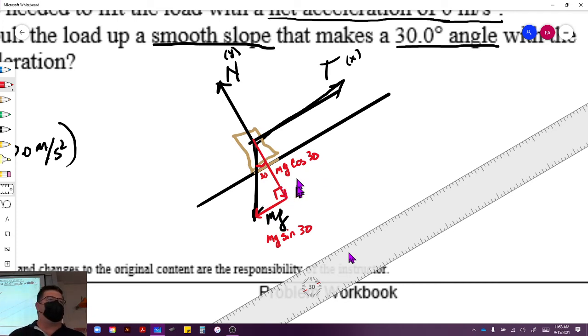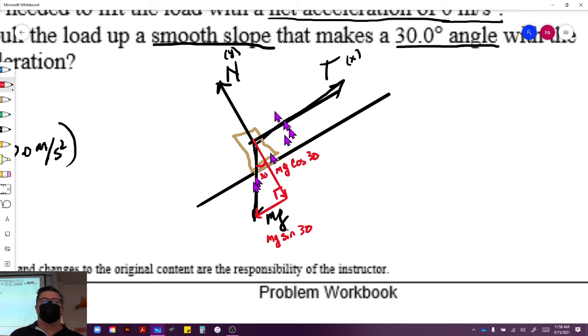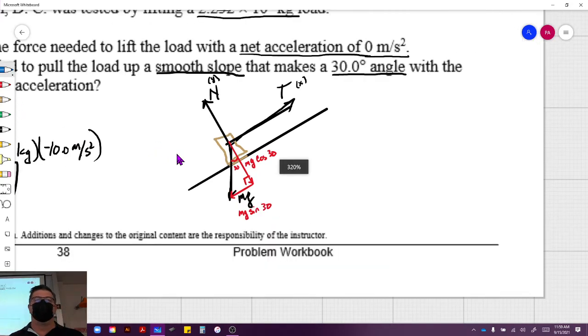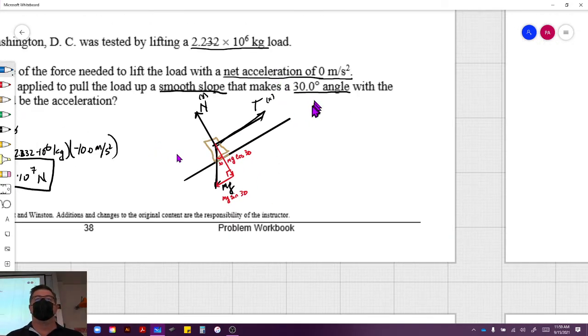So now we need to do our Newton's laws equations because we have all of our forces lined up in our x and y directions. So we have the sum of our forces in the x direction. Here's our tension, right?